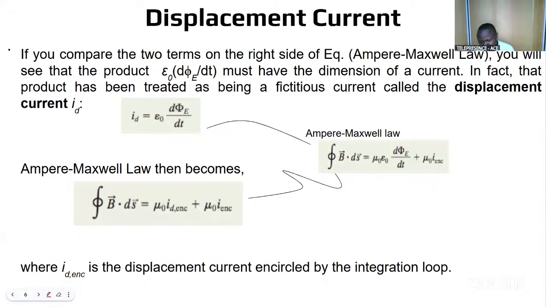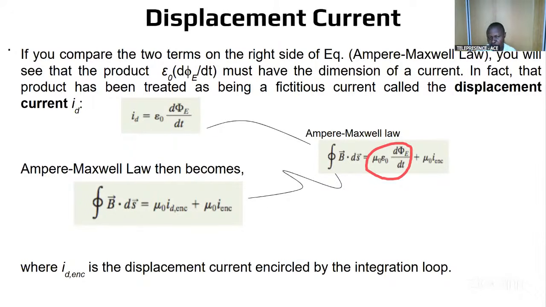Now, from the Ampere-Maxwell equation, we can see that this component must have the dimension of a current, so that we can compare it with this.